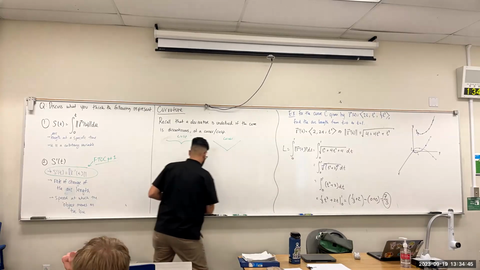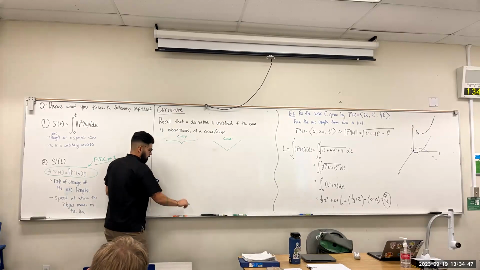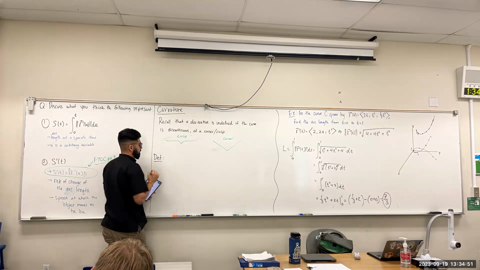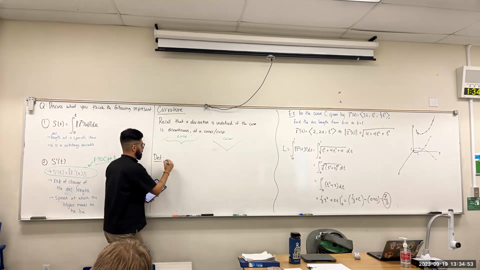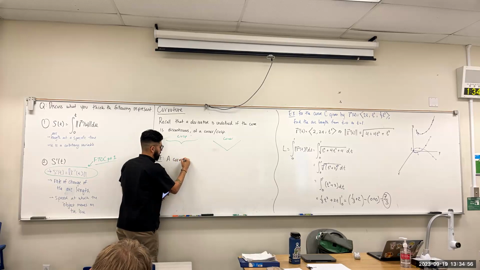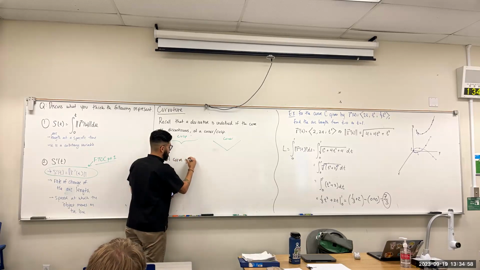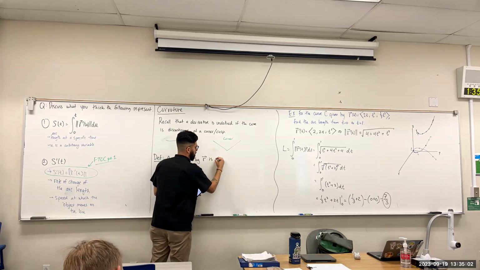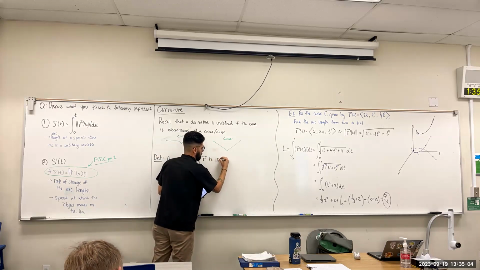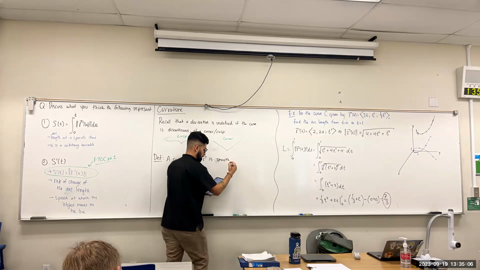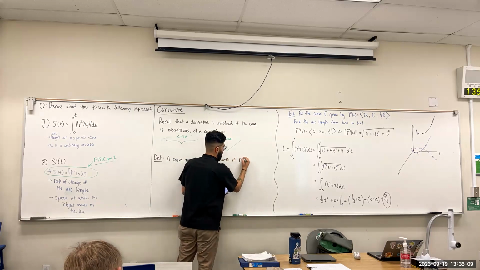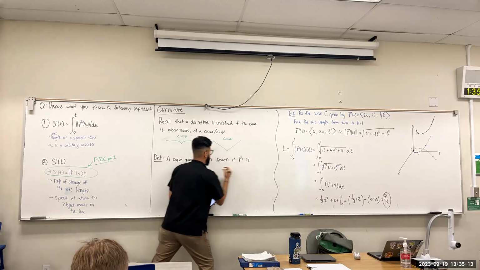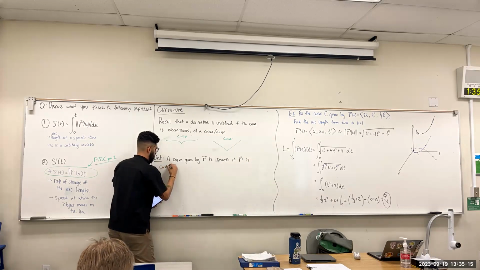So we're gonna define what a smooth curve is. We're gonna say a curve given by a vector function r is smooth if its derivative, which is the tangent vector, is continuous.